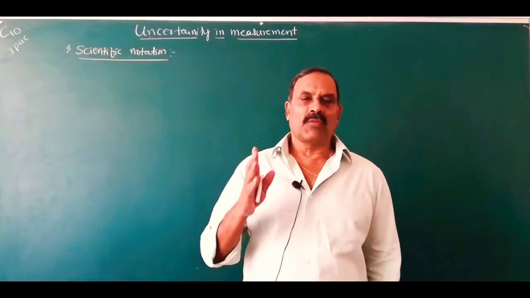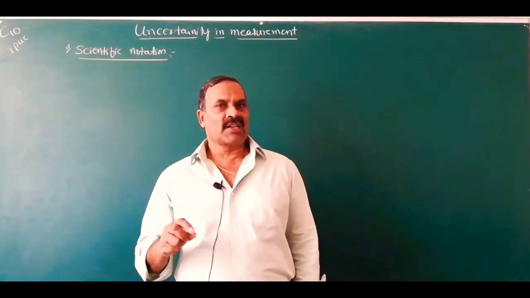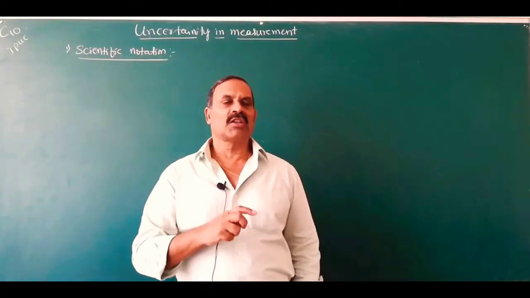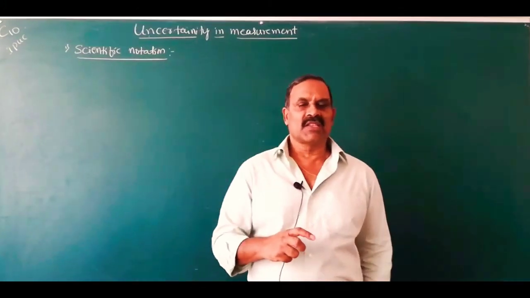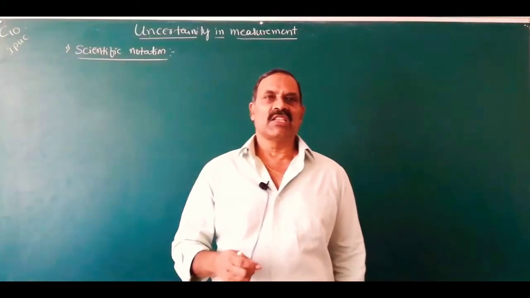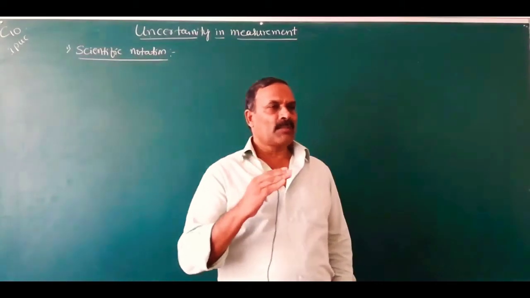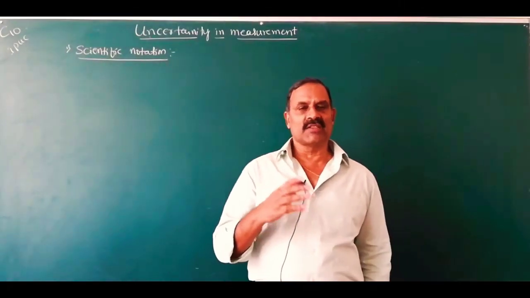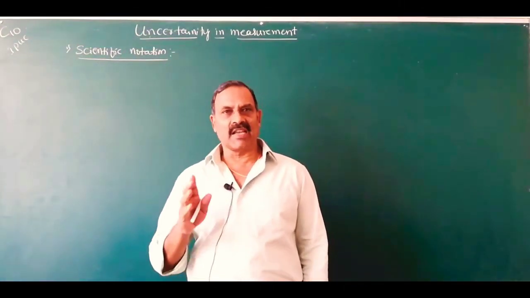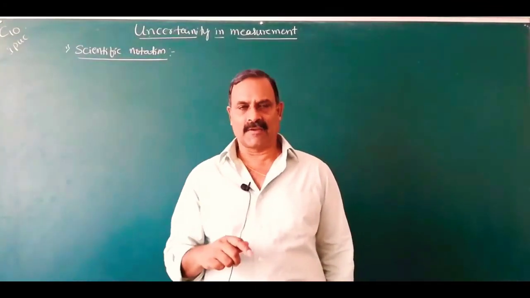The unit of mass in SI unit is kg, but in our laboratories we will use smaller dimensions, namely grams. So 1 kg is equal to 1000 grams. Then coming to the temperature. Temperature is measured in 3 scales, namely degree Celsius, degree Fahrenheit and Kelvin.